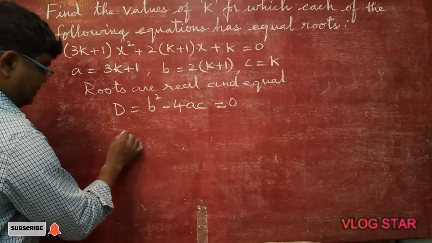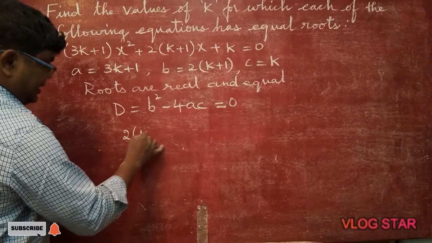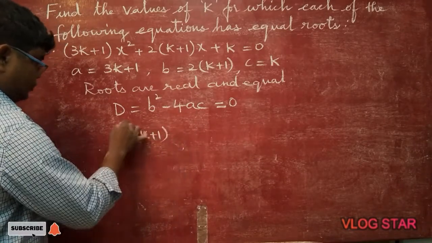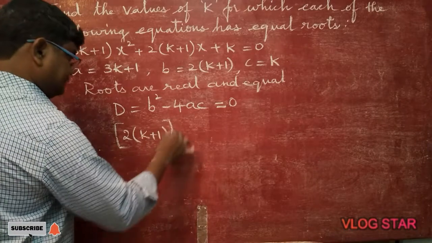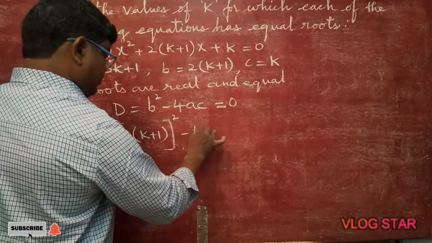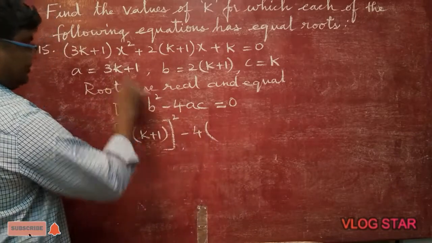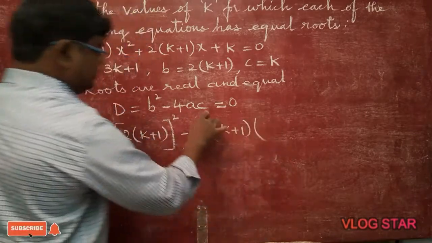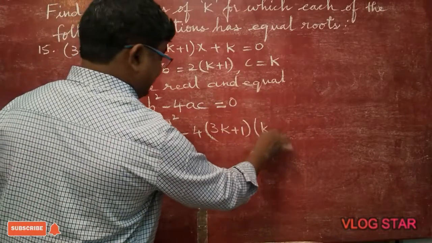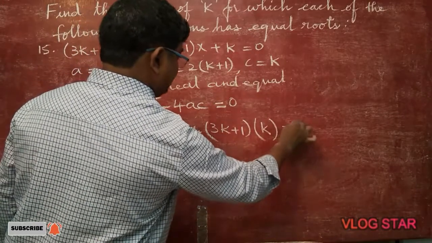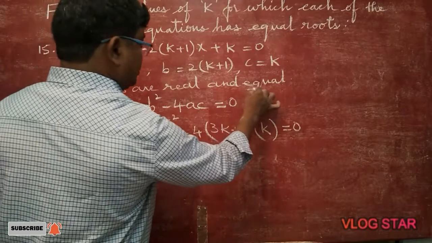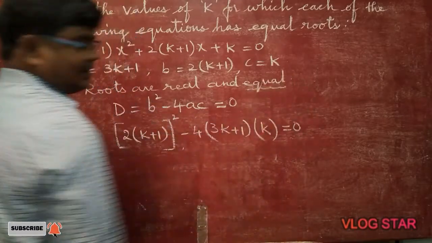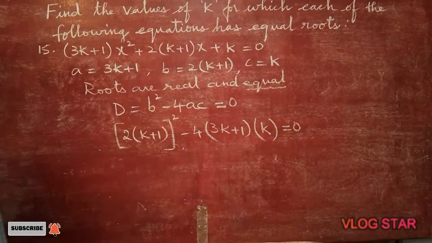b square means 2 into k plus 1 whole square, minus 4 into the a value 3k plus 1 into c, which is k, is equal to 0. The roots are real and equal, based on that we are writing.